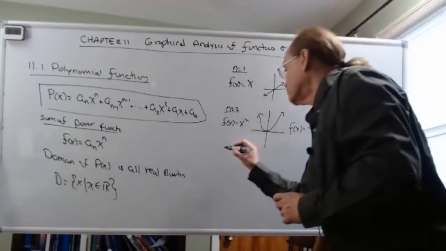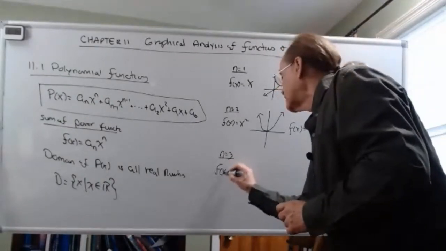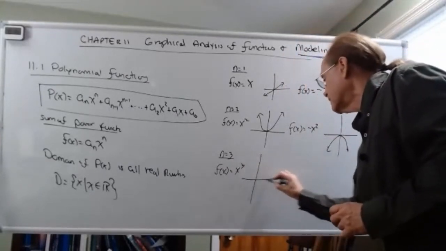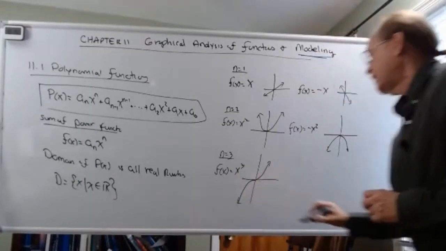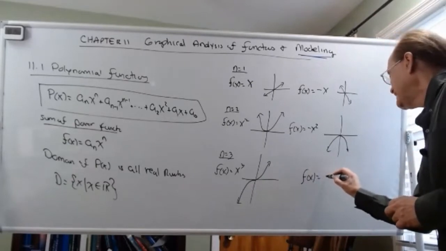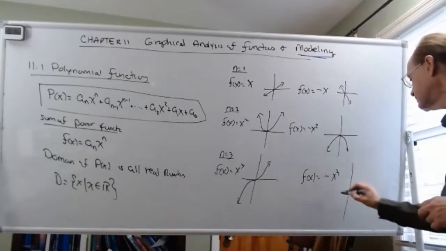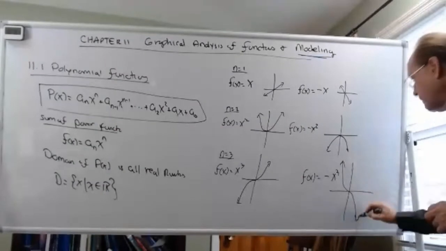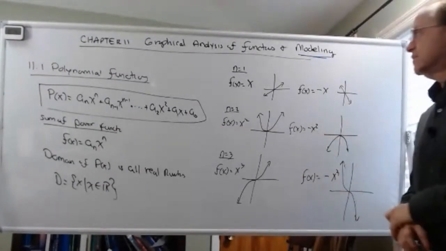Then I could do n is equal to 3, and patterns start to emerge. F of x is equal to x cubed, something like this. And f of x is equal to the negative of x cubed. And it would look something like this. So we saw that early on in the textbook. So you should have a sense for that.